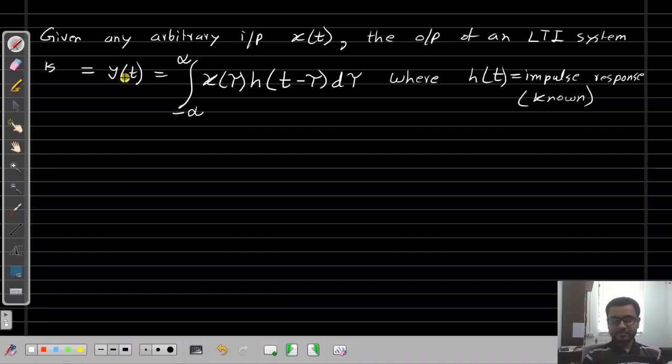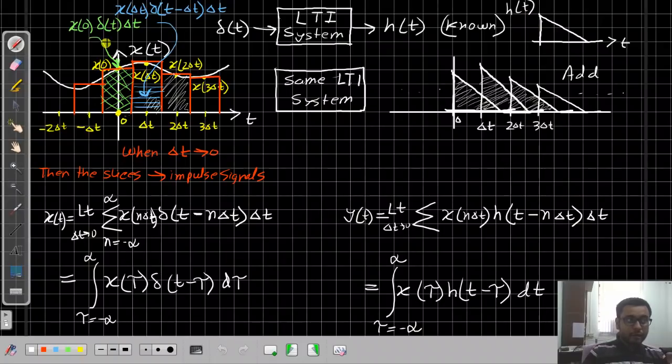Now I shall repeat this idea of breaking the input into smaller slices, smaller impulse functions, and calculate the output for each of the impulse and add them.